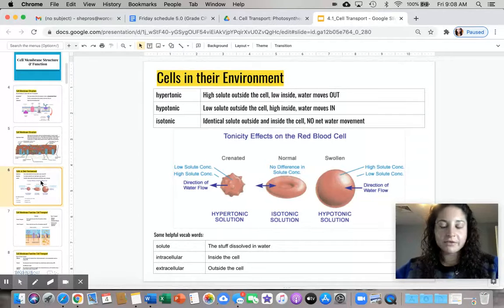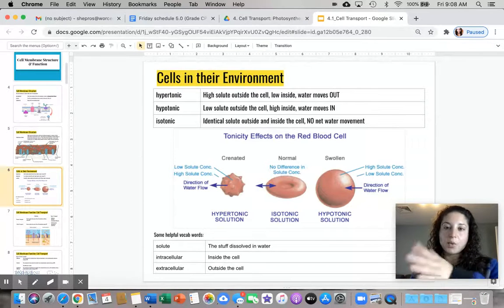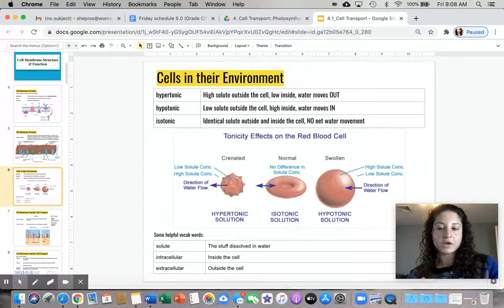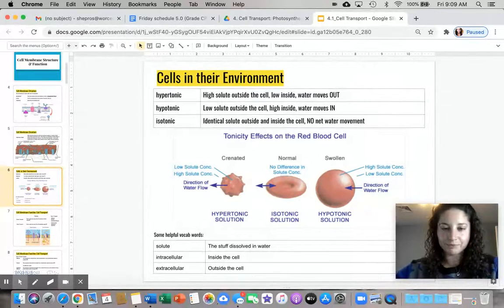Now, in terms of talking about the function of the cell membrane, letting things in and out of the cell, we need to also keep in mind the structure. So the structure is going to lend itself to the ability to control what comes in and out of the cell. There are a couple of vocab words we need to go over first before we can talk about how these different molecules are able to either pass through the cell membrane or how they're not able to pass through the cell membrane.